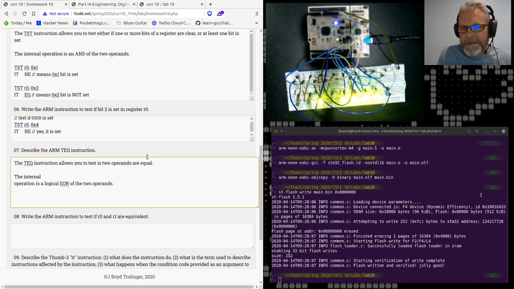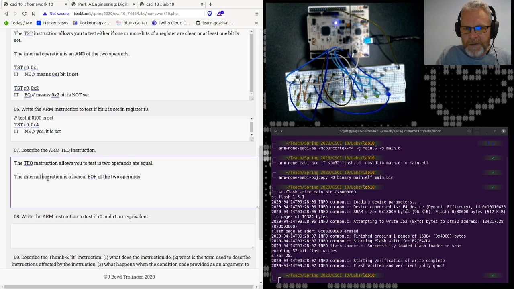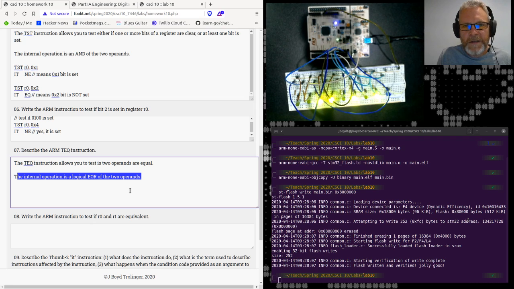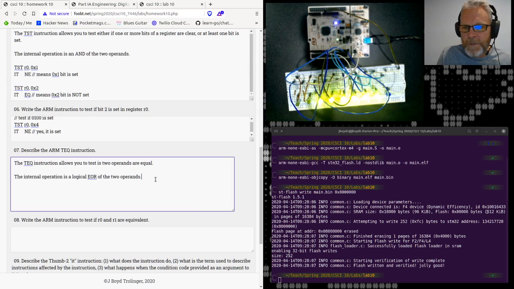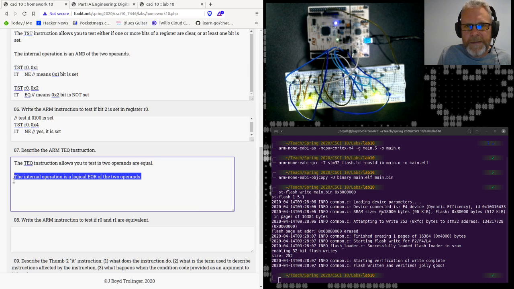It allows you to test if its two operands are equal. The college answer would include the fact that it actually runs exclusive OR on the two operands. In practical terms, that usually is not going to matter to us what the internal operation is, but the college answer would include that detail, so I did.